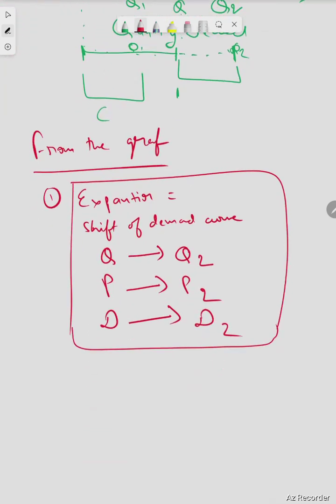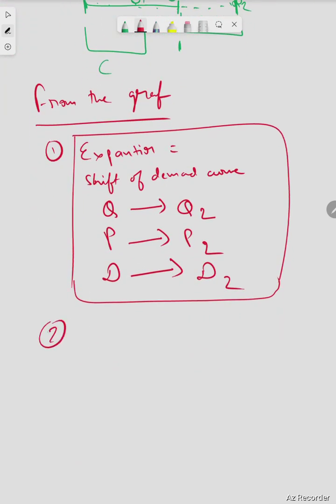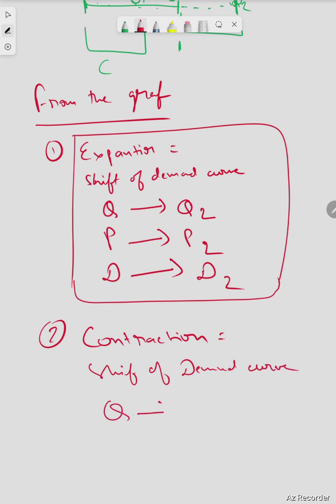And what is contraction? Contraction is shift of the demand curve, Q to Q1, P to P1 and D to D1.